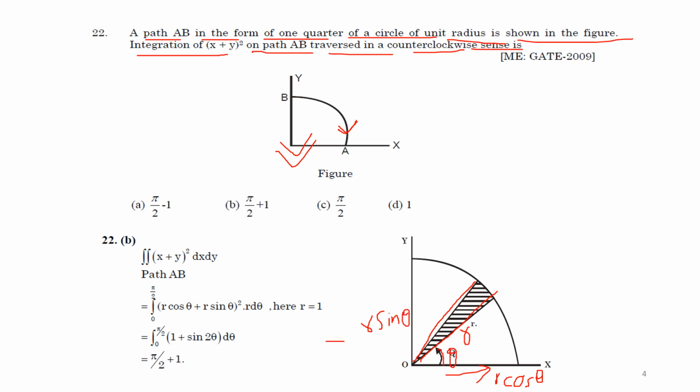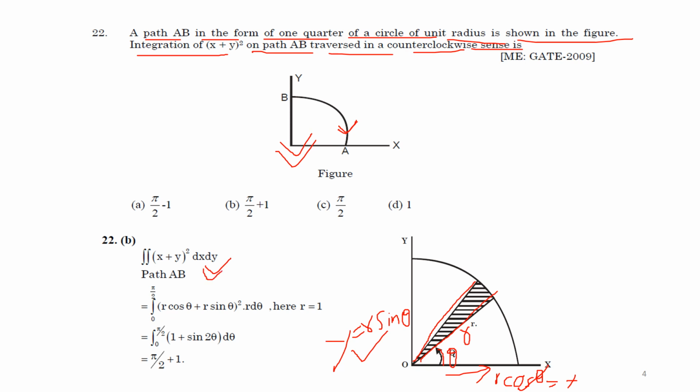Now you know what y is and what x is. Just put these values here, you will get r cos theta plus r sin theta whole square. They are asking the integration of this, so obviously it will be a double multiple integral, that is dx dy.